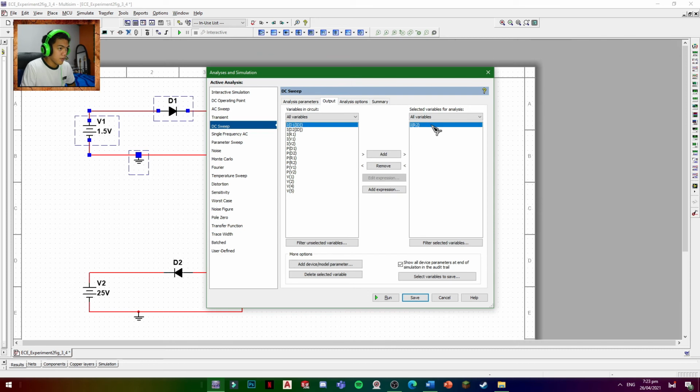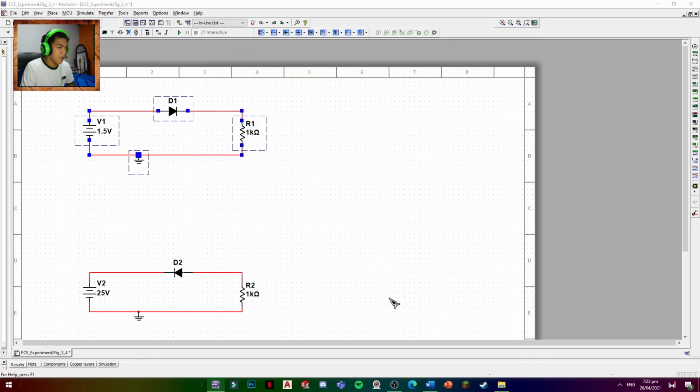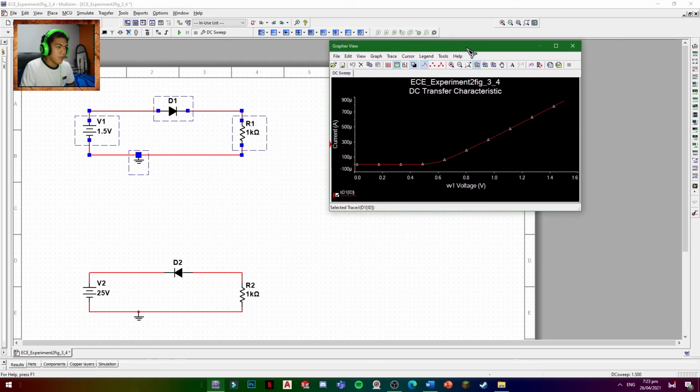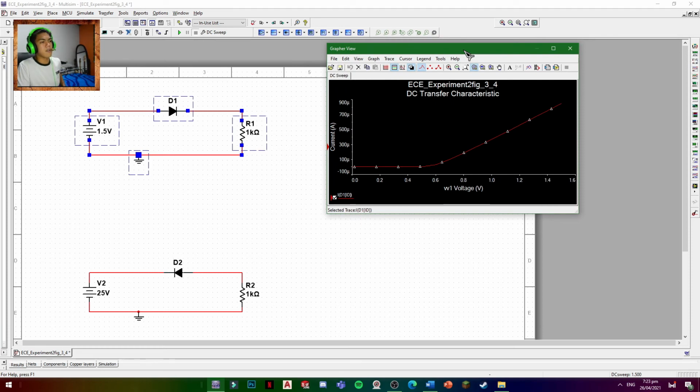And the output should be diode 1. Add. Run. So that's how I got the DC transfer characteristics from figure 3. So let's go now to figures 5 and 6.